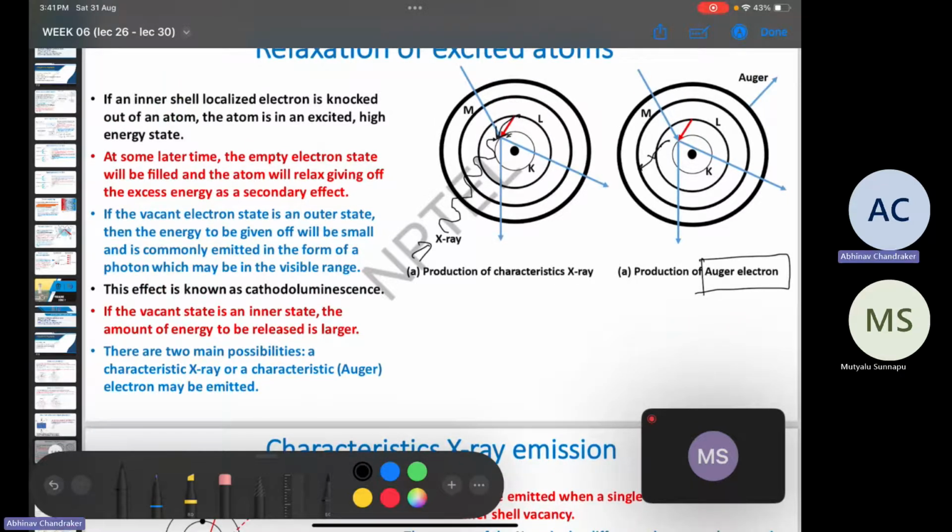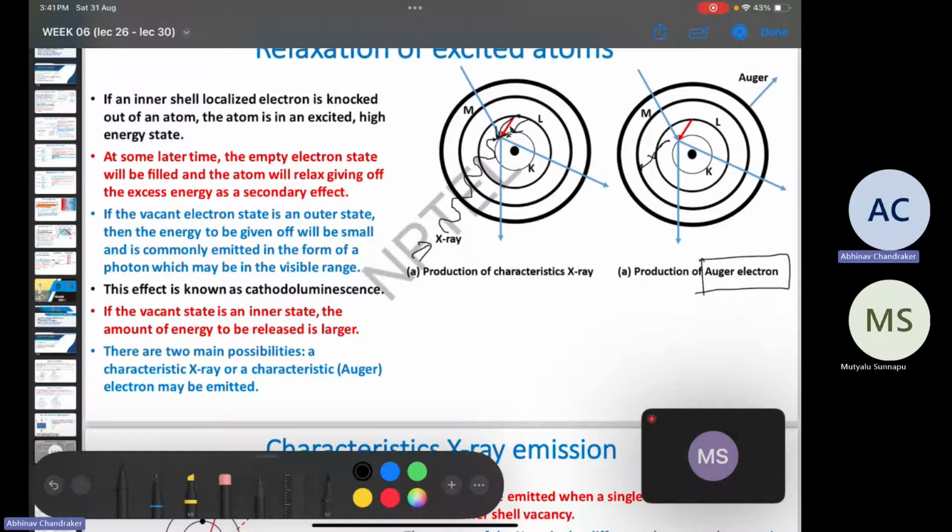Another thing to keep in mind is that many times the transitions which are taking place are not in the inner shells, because the electron which got knocked out might have been from an outer shell.